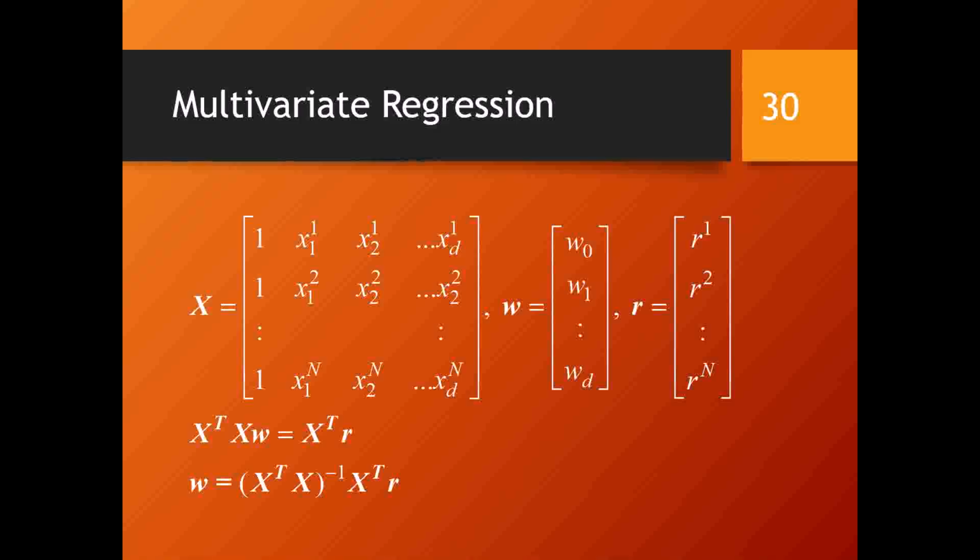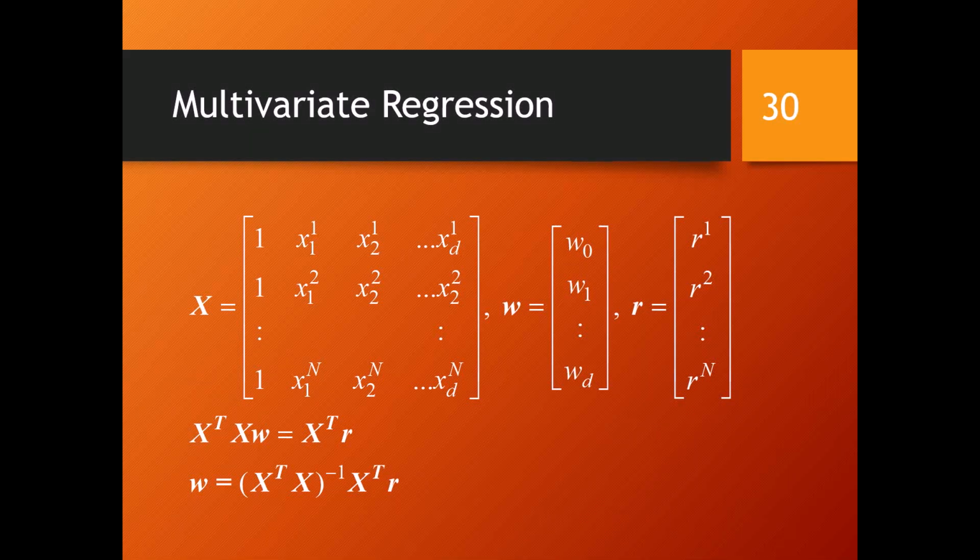So by arranging your x this way, then you are able to calculate your estimated parameter vector W, defined as this equation here.